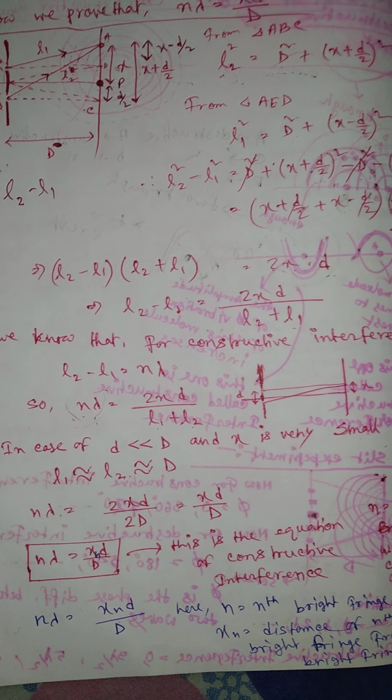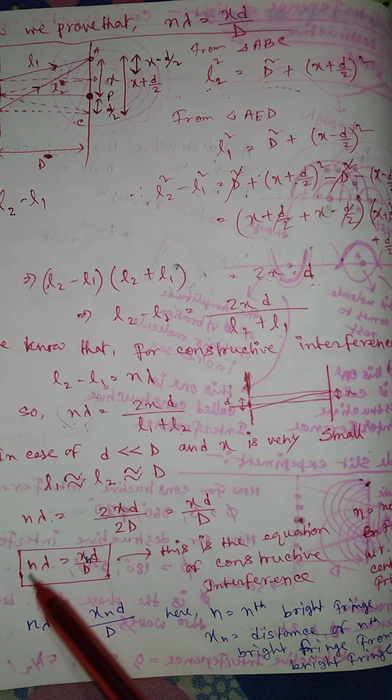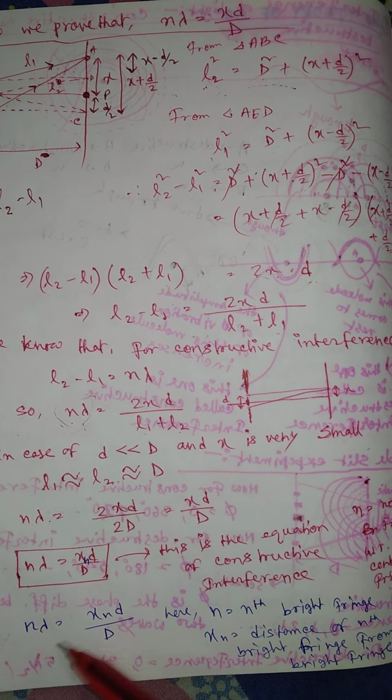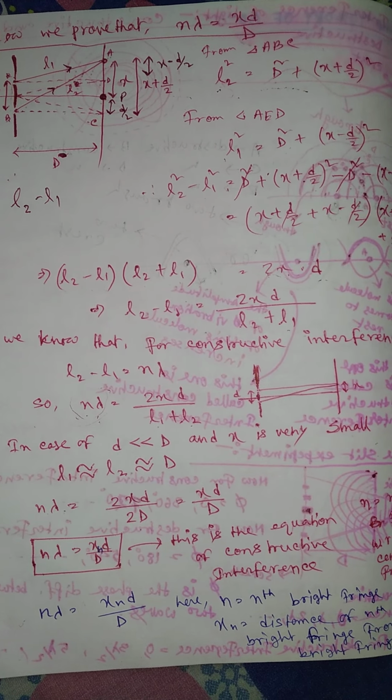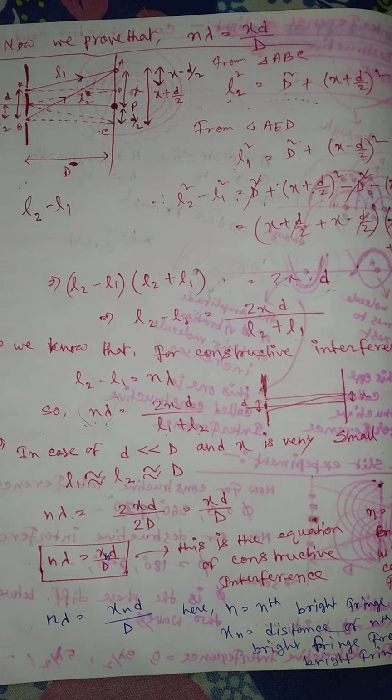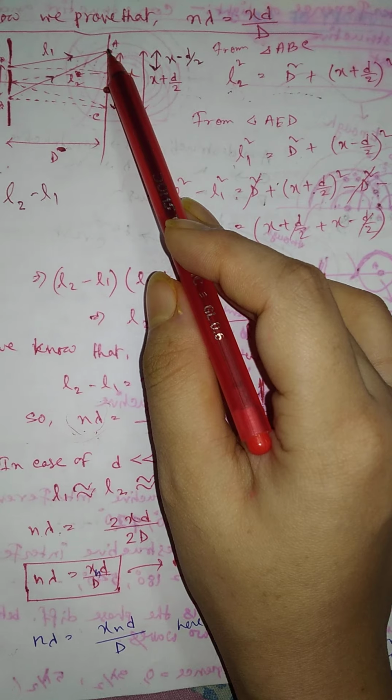Here n represents the number of bright fringes, or we can say n means the nth bright fringe, and x is the distance of the nth bright fringe from the central bright fringe. This is the central bright fringe and this is the nth bright fringe, right?